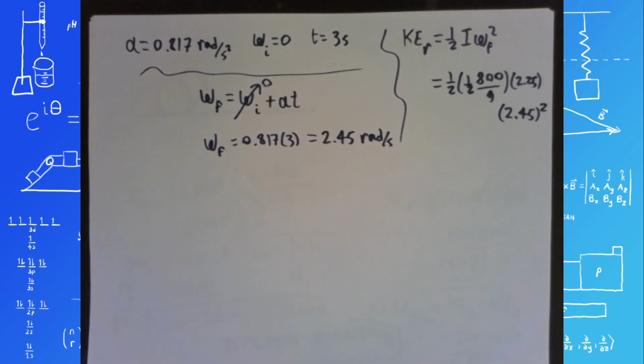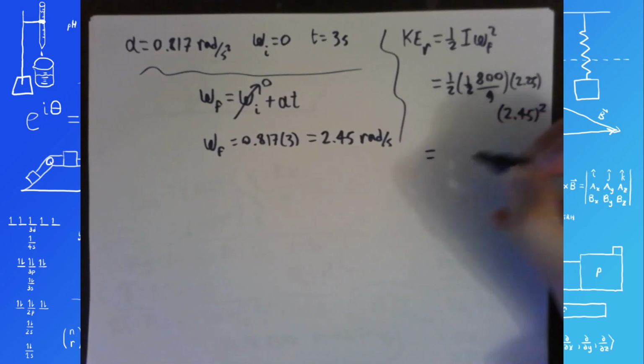Let's see. 1/2 times 1/2 is 1/4. 1/4 of 800 is 200, and then 200 times 2.25 over g over 9.8 is 45.918.